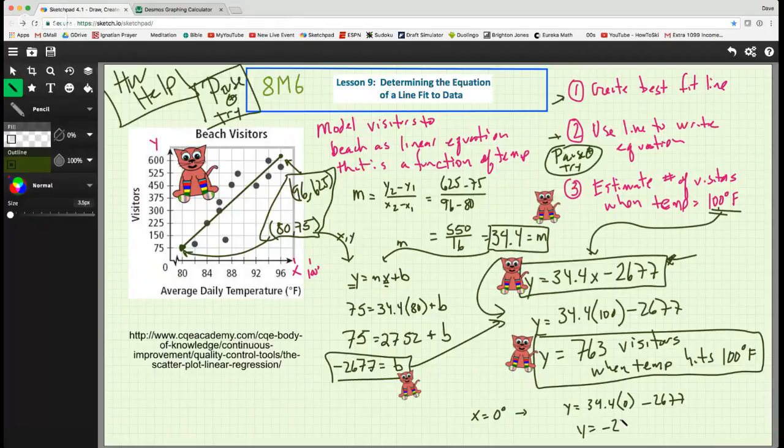Y is equal to negative 2,677 visitors. Can that be? Can we get negative visitors to the beach? And the answer is no. So the answer is the model is not good at very low temps.